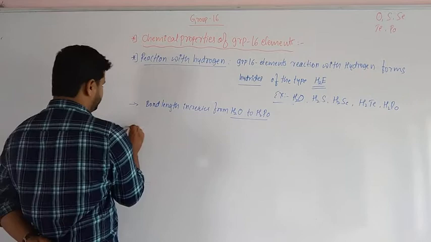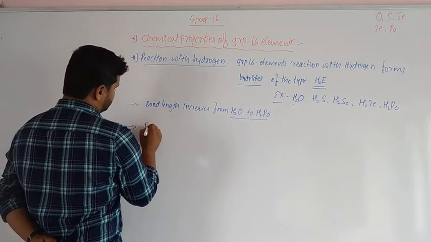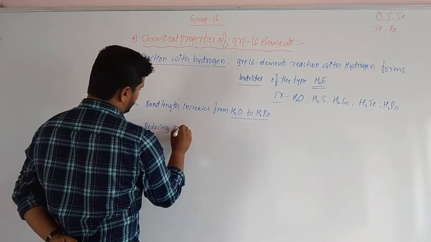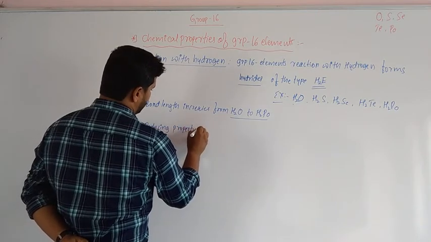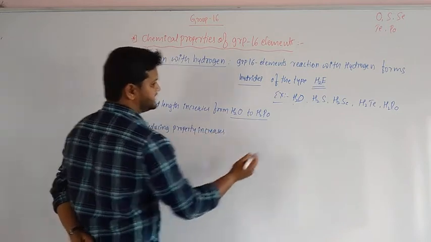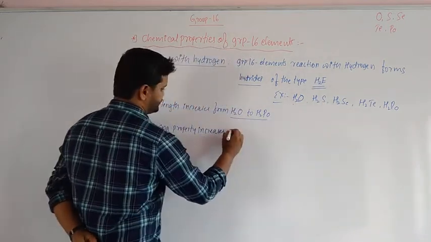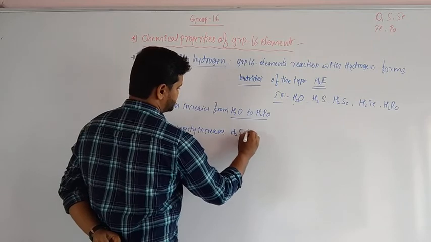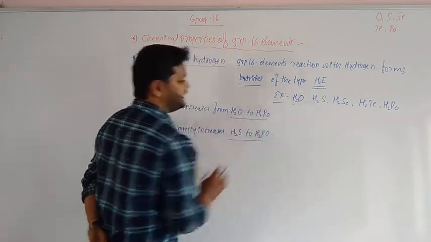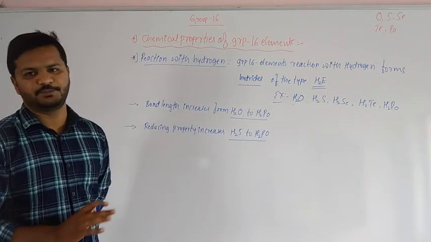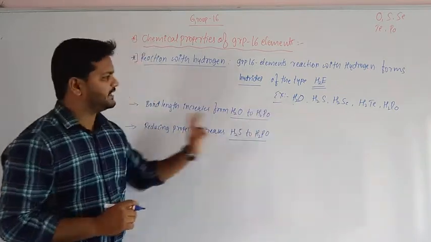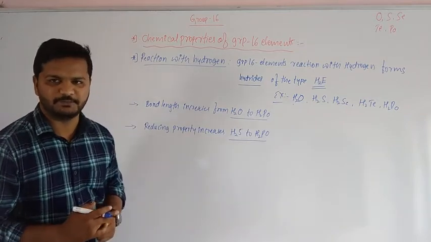And second one, reducing property increases from H2S to H2Po. Here, water does not show reducing property. Or you can say, except water, all the remaining hydrides show reducing property.